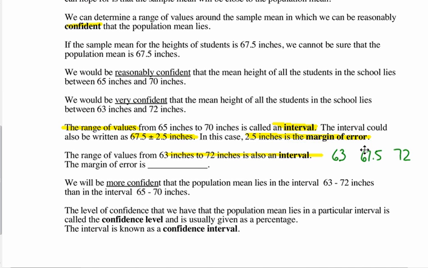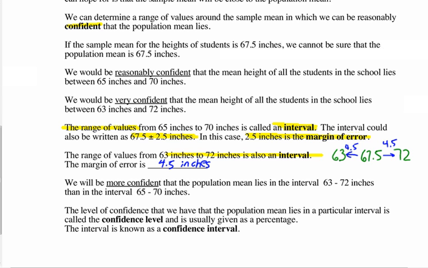That would be 4.5 in that direction and 4.5 in that direction. And so the margin of error in this case would be plus or minus 4.5 inches. We'd be more confident that the population mean lies between 63 and 72 inches than the interval 65 to 70, right? The larger the range, the more confident we're going to be with our data.